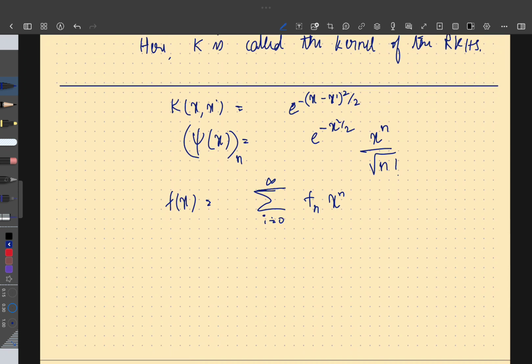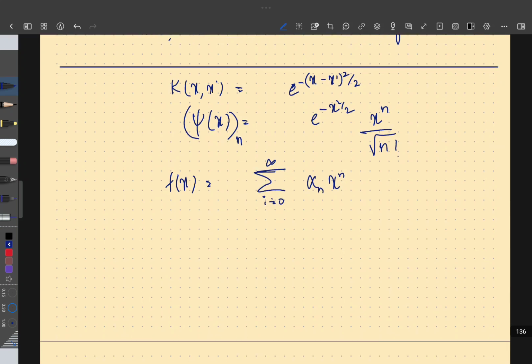Maybe let me write this as alpha n. f of x is the summation from n equal to 0 to infinity of alpha n x to the power n. And let's say that this converges for every x. So it has a well-defined Taylor series expansion, and maybe it requires some additional properties, as we'll see a little later.